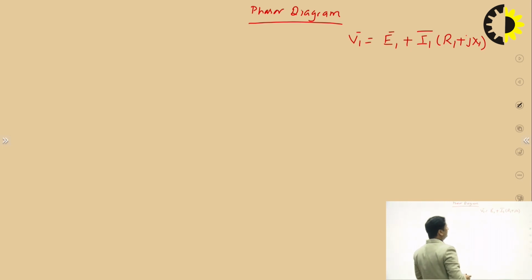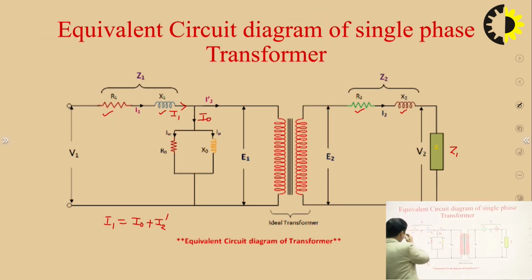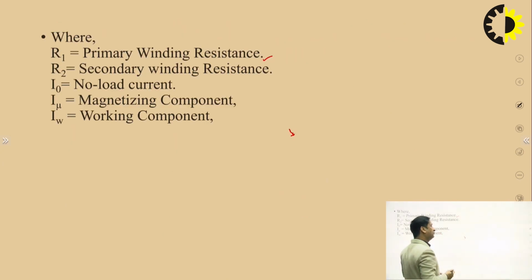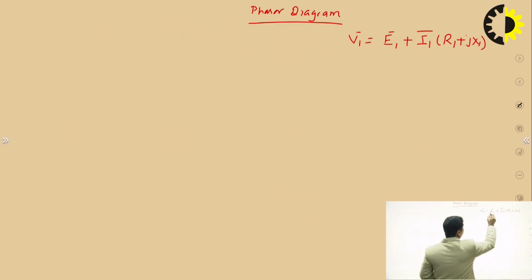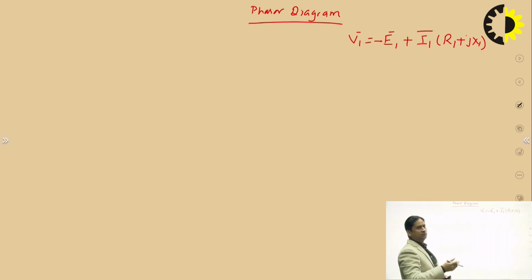These are phasors. But here, V1 is the applied voltage and E1 is the induced EMF. Because of Lenz's law, we know that its polarity will be reversed, or of minus sign. So this is the first equation as far as the primary side of the transformer is concerned.